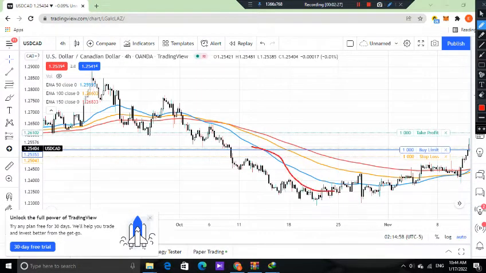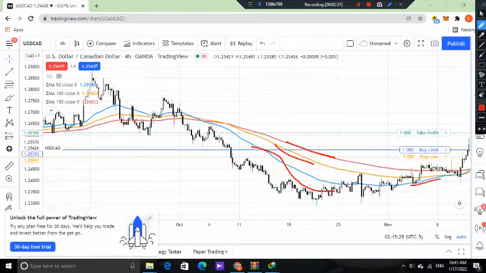When there is some gap between these lines and they are far from each other, there's a space between each of them, it means that price is in trend, and we have trending price.